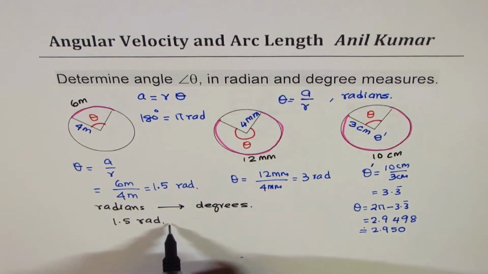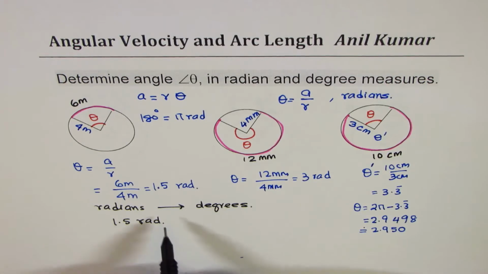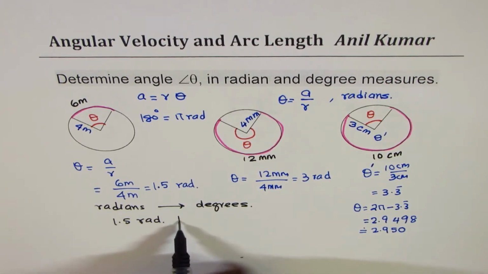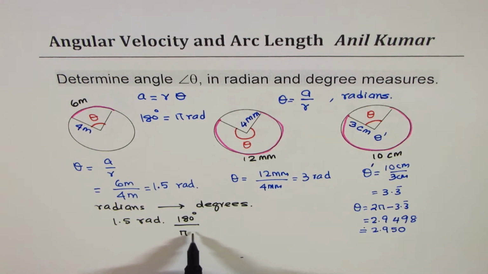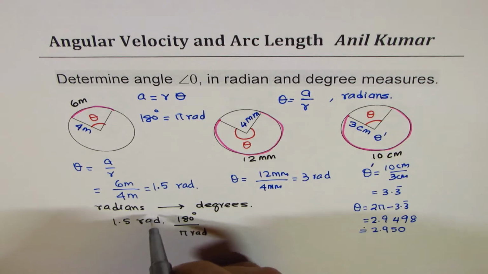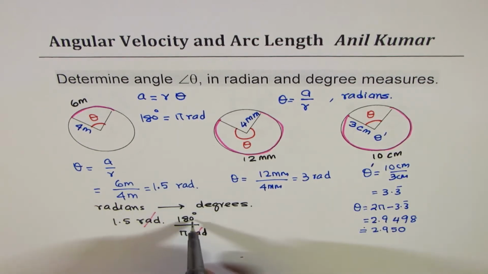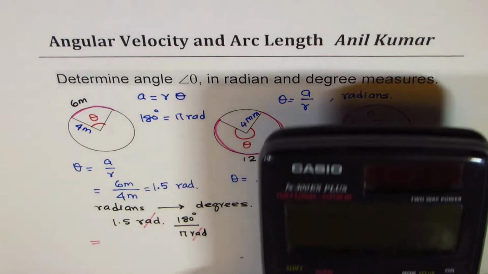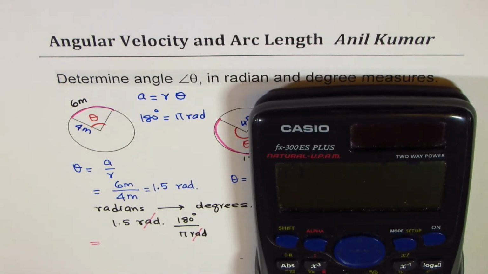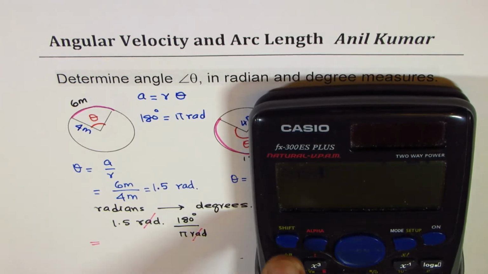So what I will do is multiply by 180 degrees and divide by pi radians. Do you understand? As you can see, the units, radians, cancel, and we are left with degrees. So that helps to calculate. I hope you have understood the concept. So we'll do 1.5 times 180 divided by pi.